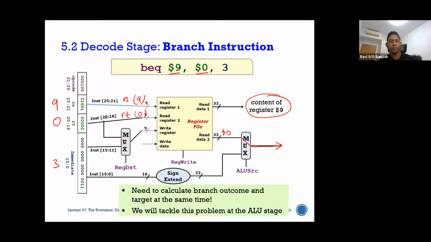With the multiplexers we already have, I am able to select the correct data to the next stage. What is not yet shown is that I also need to calculate the branch address, so that one we will look at later. But so far, the current design is fine. I can support my R type, I type, and the branch instruction.